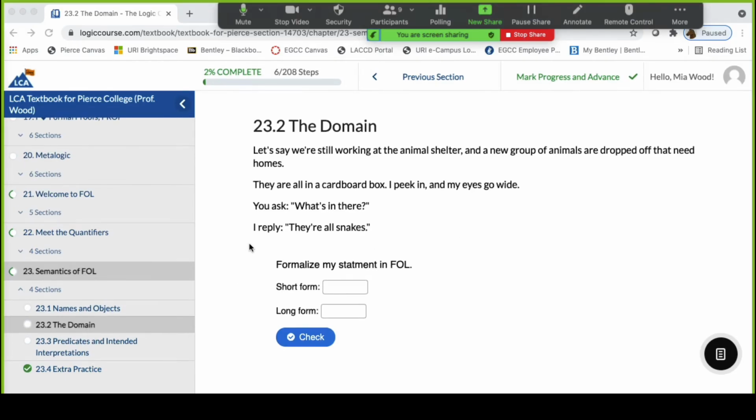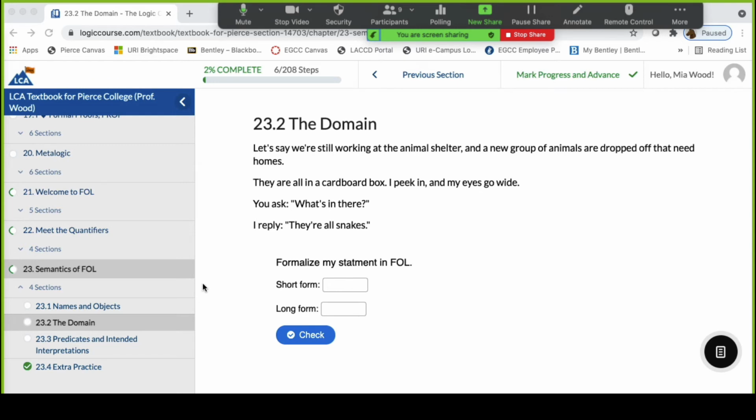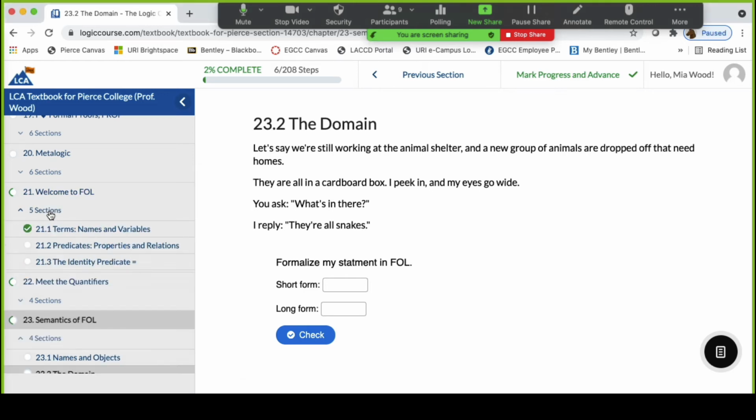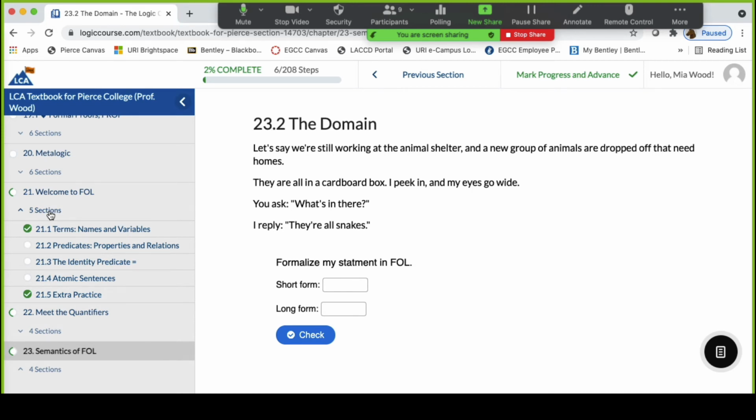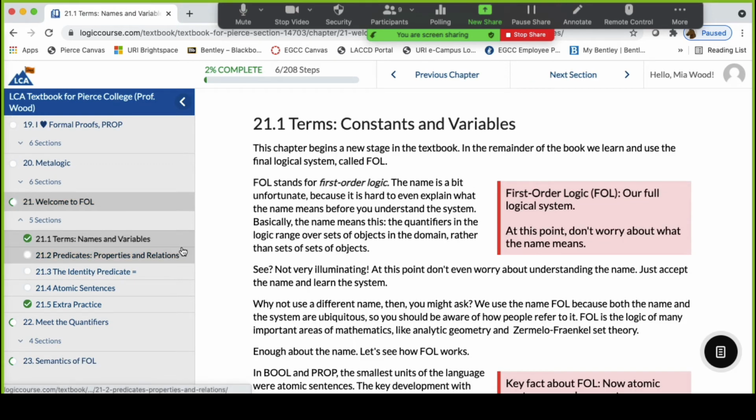Okay, so where I am right now is in section 2 of chapter 23. Forgive me, because I'm still trying to commit the section breakdowns to memory. I think we want chapter 21, section 1. But tell me if I'm wrong.